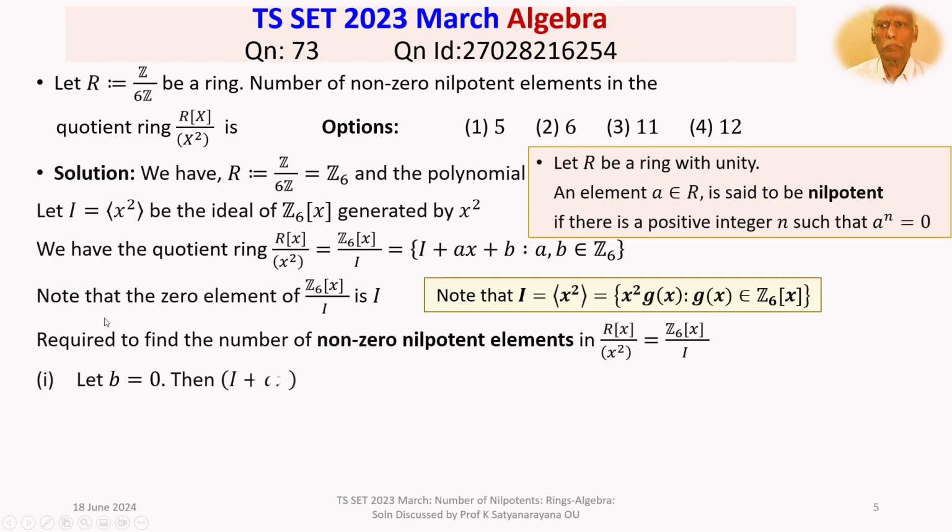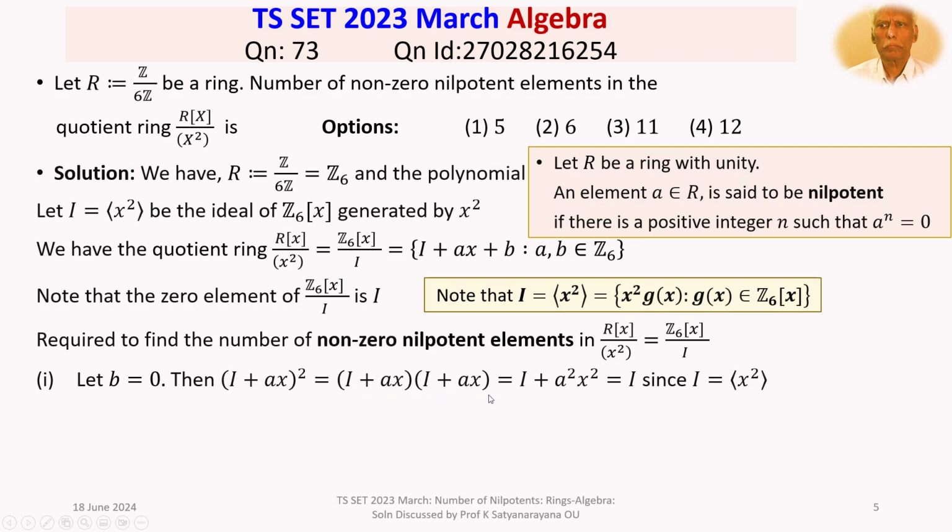So we deal with the discussion in two cases. In case 1, we take I + ax + b, in which b, an element of Z6, is equal to 0. Then the elements of Z6[x]/I will be I + ax. Take I + ax and square it, that is (I + ax) multiplied by (I + ax). And when you multiply, how do you multiply the quotients? If you are given (I + ax)(I + bx), then it will be I + ax times bx, that is I + abx².